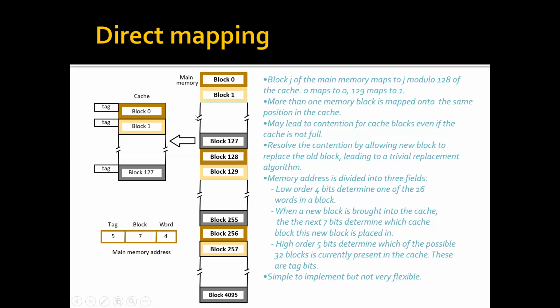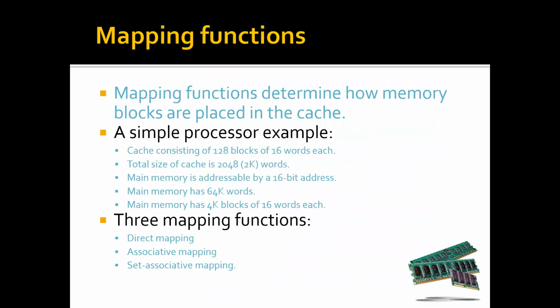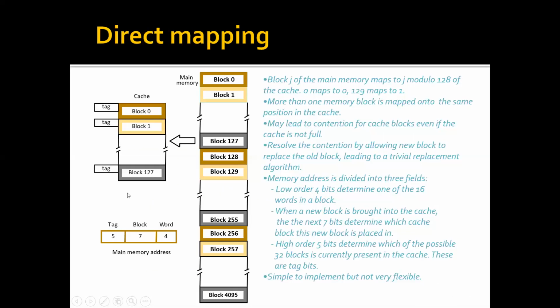Now in direct mapping, the address generated by the processor has 3 parts. So what is the number of bits? Over here the main memory is addressable by 16 bits. So the 16-bit address generated by the processor has 3 parts. One is called the tag bits, another is called the block bits, and the third one is called the word bits.